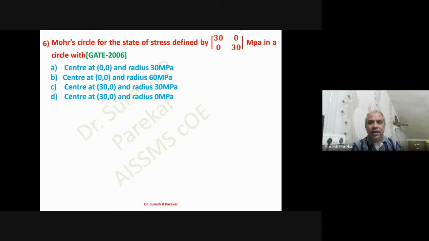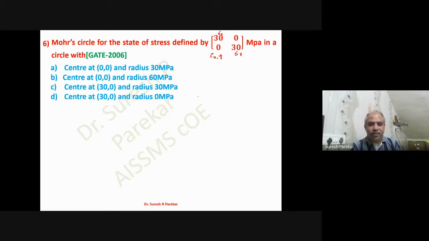Then, Mohr's circle for the state of stress defined by this, in MPa. Now you can see we have this as sigma x, this as sigma y, and tau xy, which is 0. As we have both values positive in the same direction, the options are: center at 0, 0 and radius 30 MPa; center at 0, 0 and radius 60 MPa; center at 30, 0 and radius 30; and center at 30, 0.